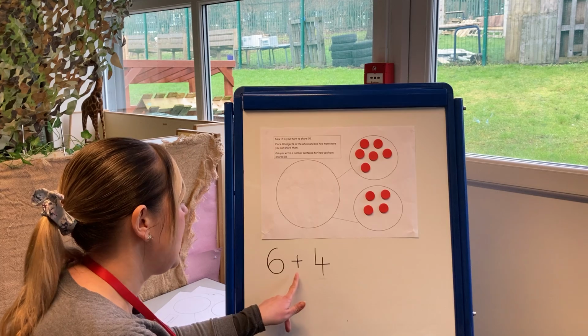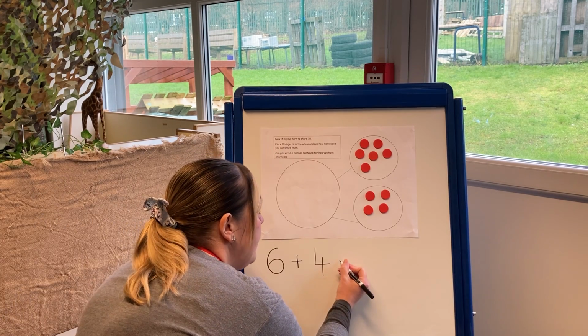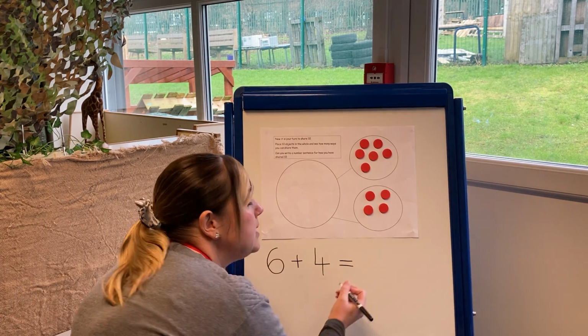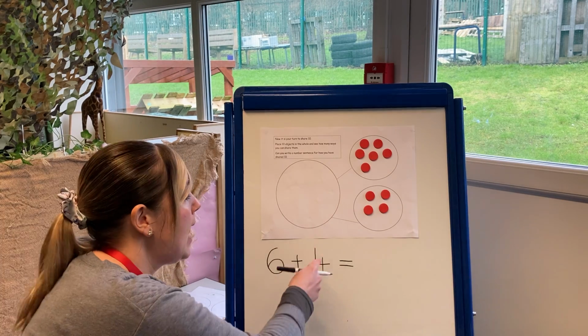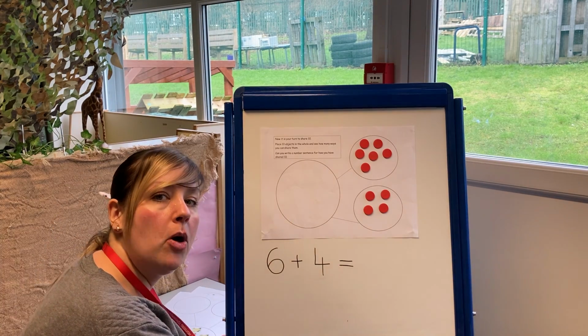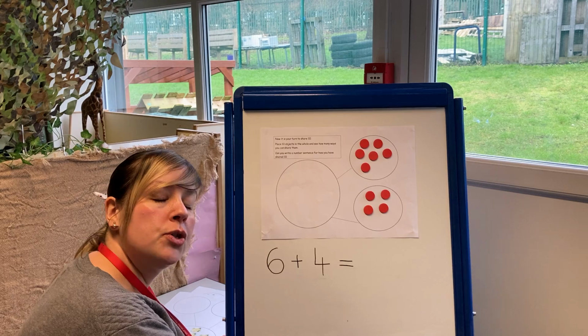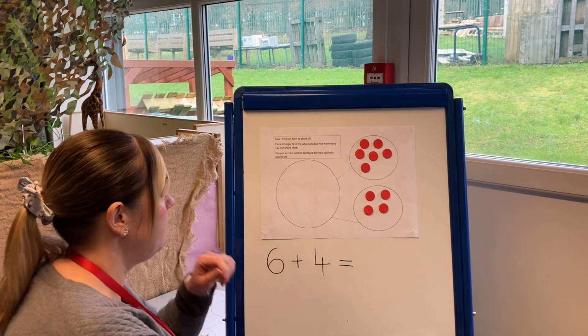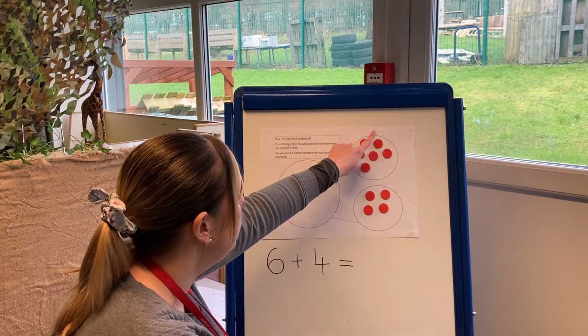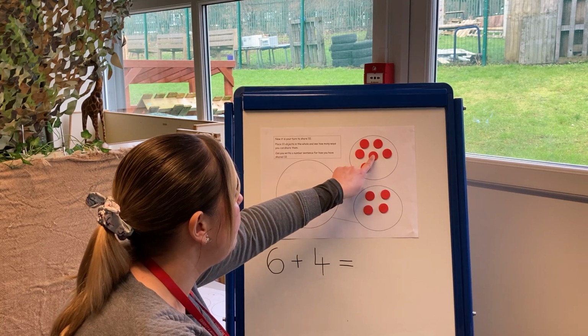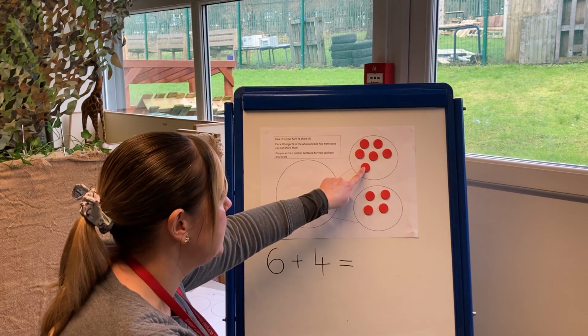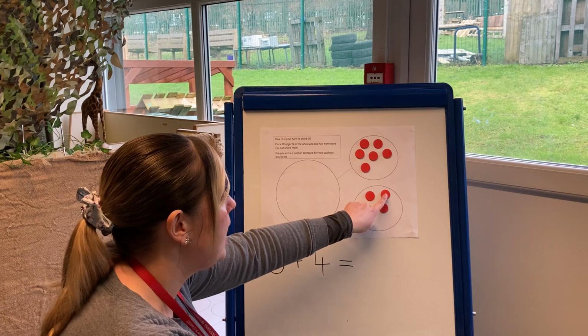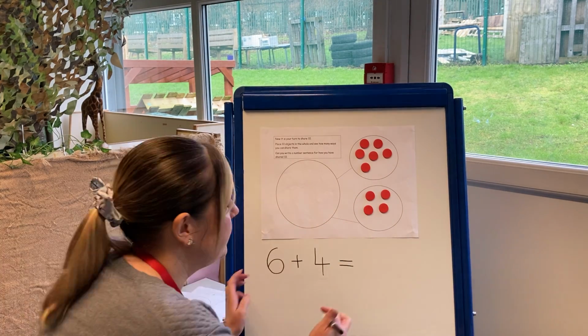So 6 add 4, and then this sign means equals. It means how many when you put them all together, okay? So let's check and see. Ready? 1, 2, 3, 4, 5, 6, 7, 8, 9, 10.